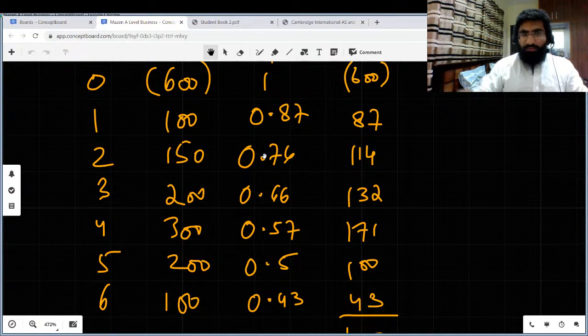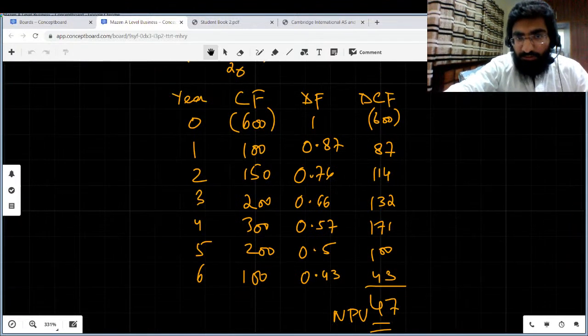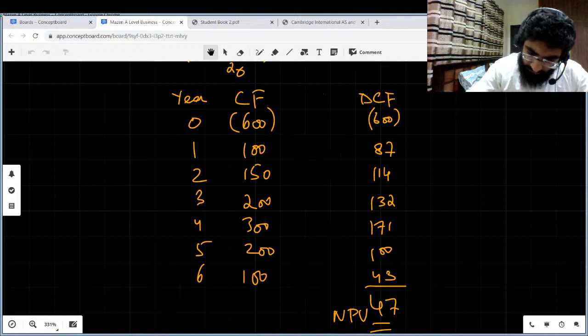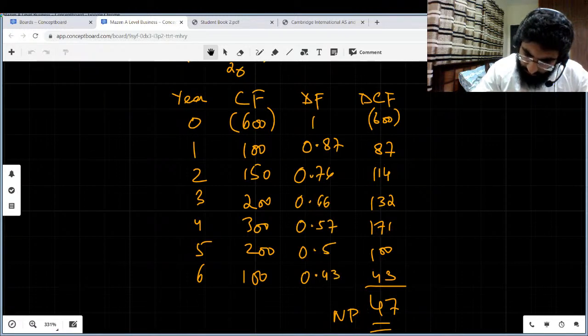One thing which would perhaps make your presentation a bit easier is the way it's shown in your book. For example, this whole column of discount factor, you can write it just once towards the end. One second, let me do this.